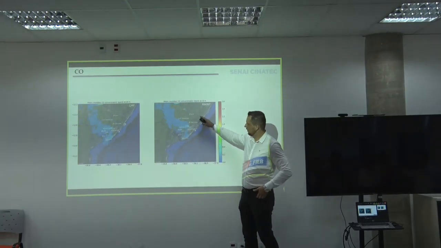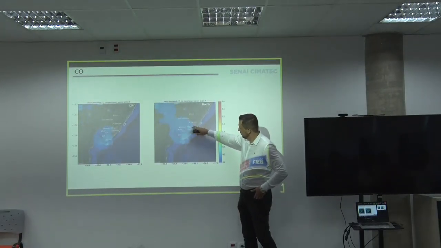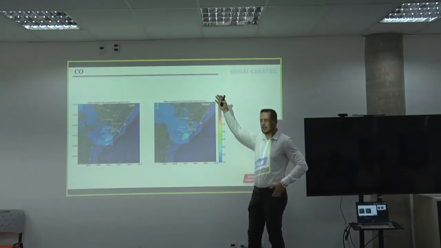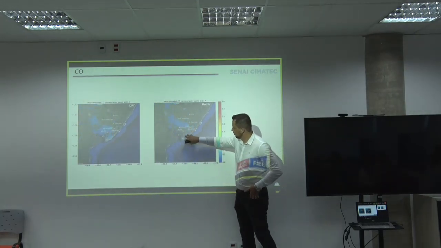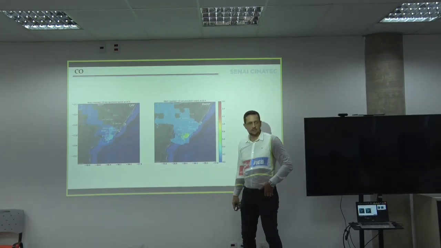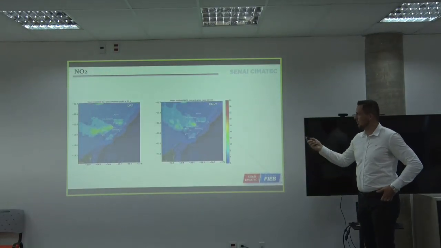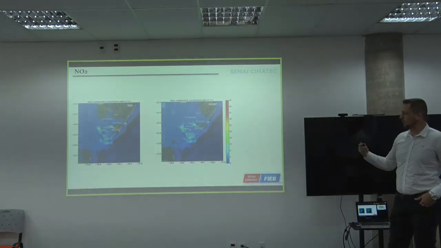It means that the photochemical transport model is showing us that the pollutant rises into the atmosphere, is transported, and goes to this region over time. It is the same for the gas and also for NO2. NO2 is a precursor of ozone.